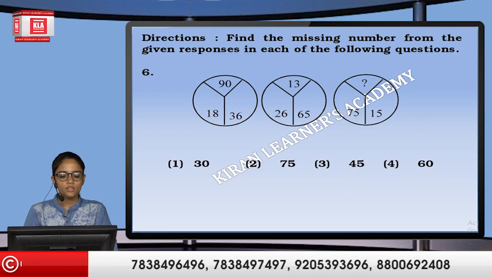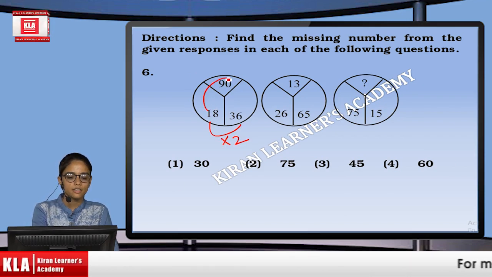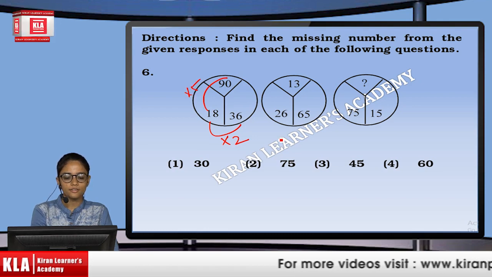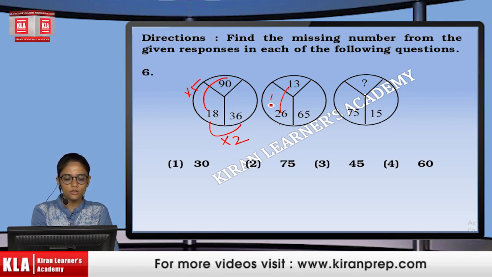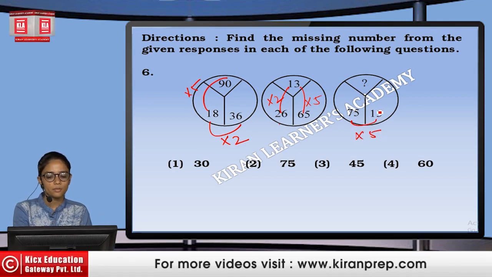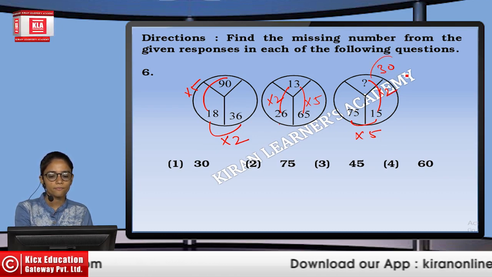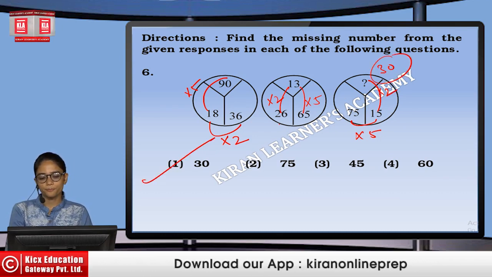Next question, if we go with this, 18 into 2 is 36. 18 into 5 is 90. Similarly, 13 into 2, 26. Into 5 is 65. 15 into 5 is 75. That means into 2 we will have to get the answer, that is 30. That is the first part.